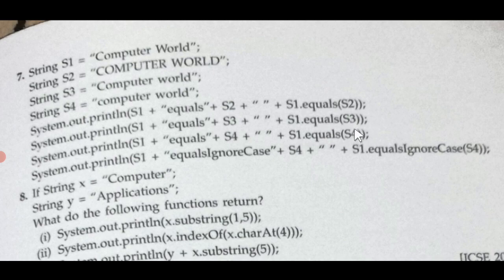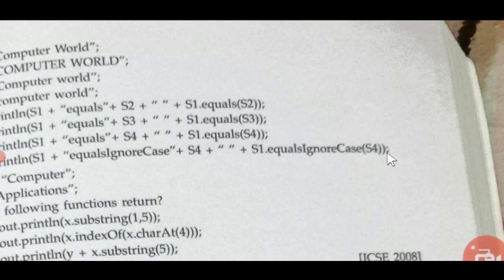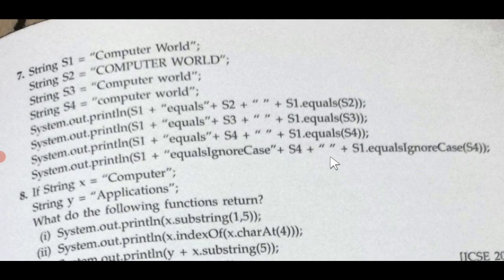That too will be false, because they are again different. Then they are talking about S1 and S4. Computer word and this computer word, and S1.equals(S4), again that will be false. After that, students, S1.equalsIgnoreCase(S4). So cases will be ignored. Now it will be true, because the cases are same.